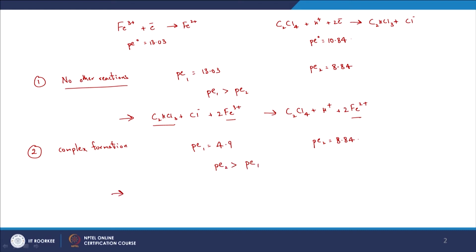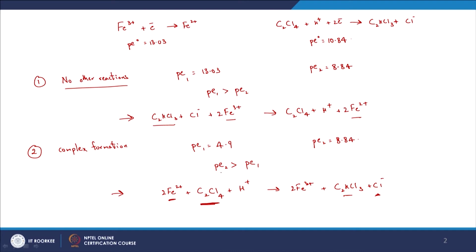So thus the overall reaction would be 2 times Fe2+ going to 2 times Fe3+, while reducing C2Cl4 to C2HCl3, right. So obviously in this case ferrous iron can reductively dechlorinate, that is what you see here, by reducing the oxidation state of carbon. So it is reductive dechlorination of PCE here, the tetrachloro or perchloroethylene.